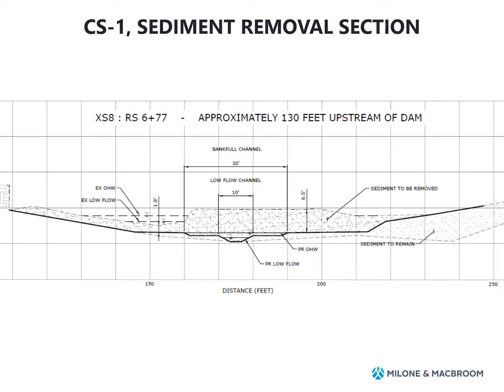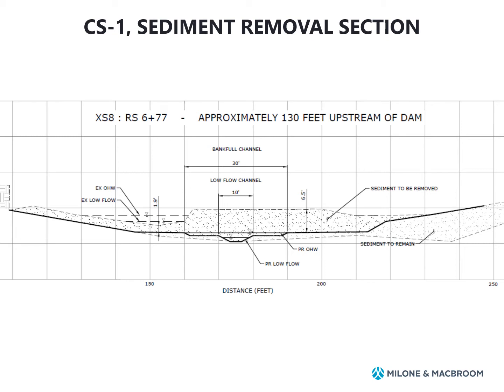CS-1 also shows the sediment removal cross-sections towards the bottom of the page. You can see with the speckled hatch the sediment that has been mapped at the site based on sediment probing that we completed.